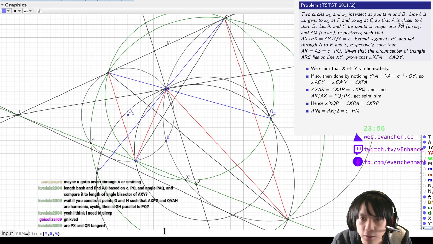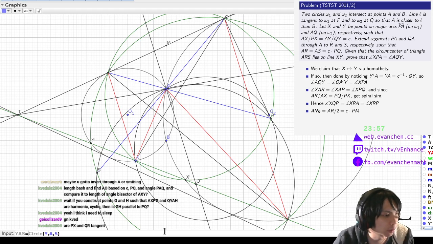Are PX and QR tangent to XAR? Not PS, but not PX. Or wait, QR is actually tangent.